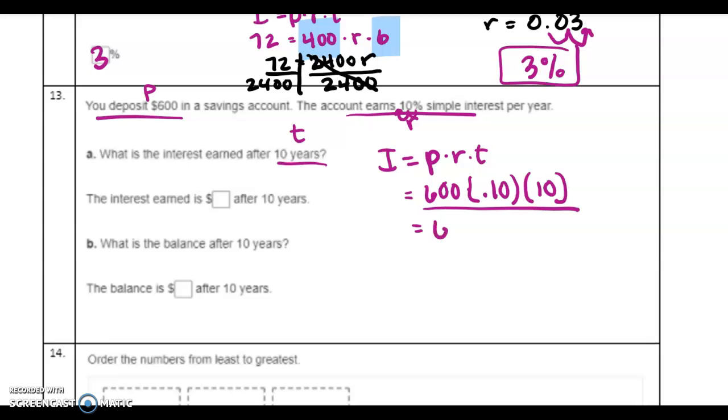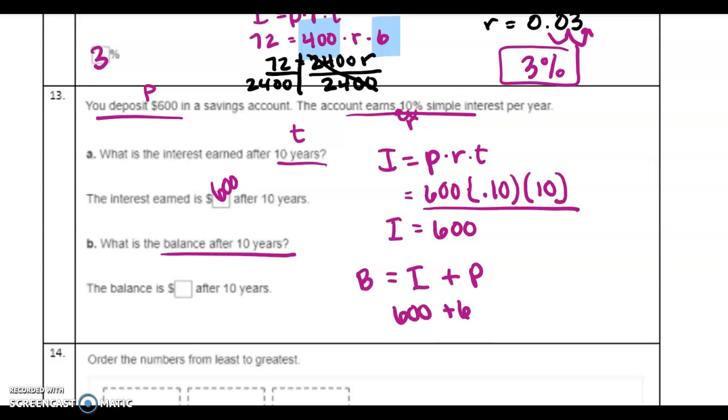And that should give you $600 equals I. So this is $600. To find your balance after 10 years, we take our interest plus our principal. So I'm going to do 600 plus 600. And that gives me $1,200 after 10 years.